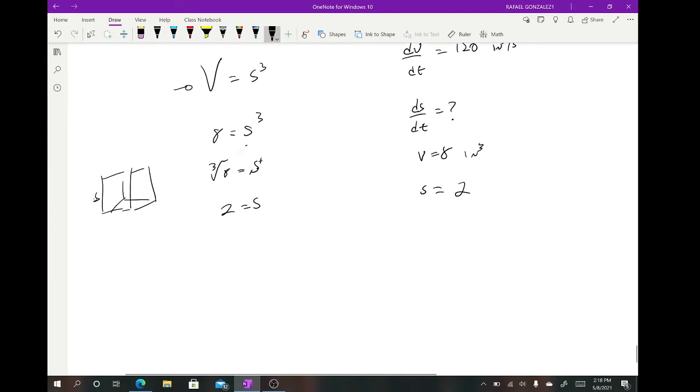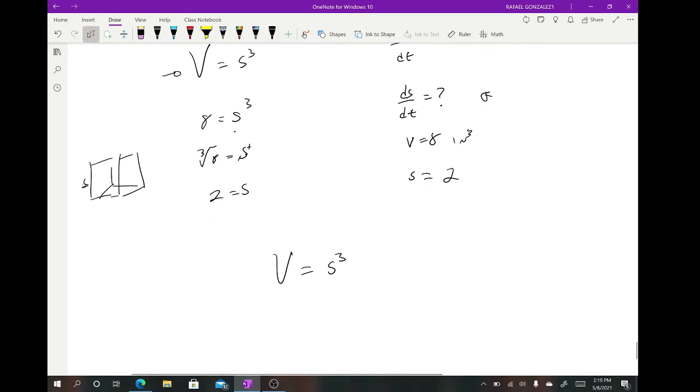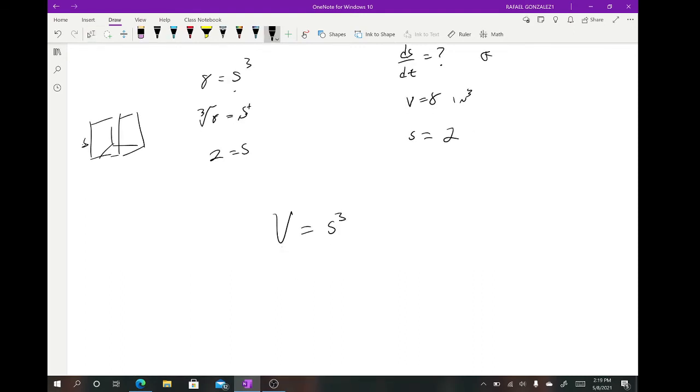Now I have enough information to begin to use the derivative to find the rate of change of the sides. Remember, to do this, we take the derivative with respect to time for each variable that we differentiate. The derivative of V is going to be dV/dt.